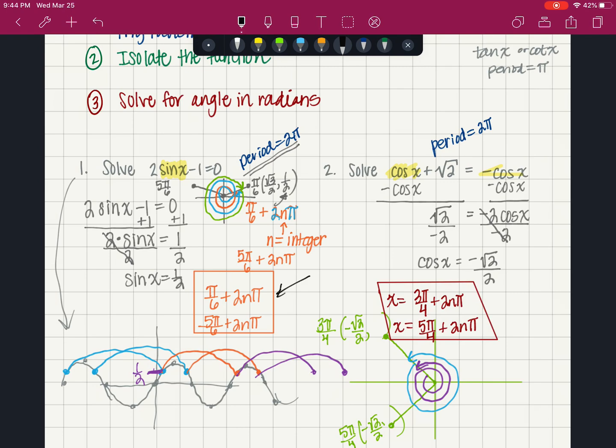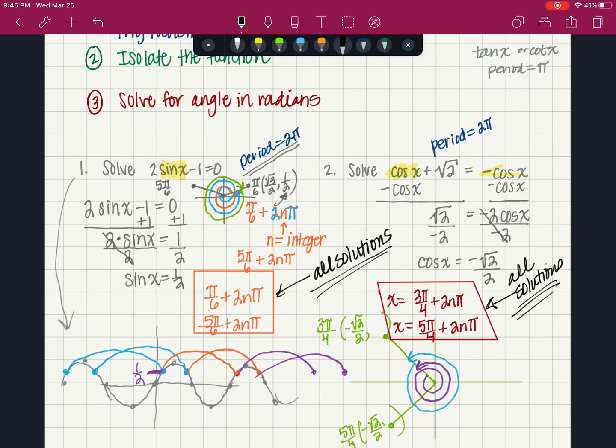So this means all solutions, not in a reduced domain. Here, this is all solutions, which includes an infinite number of solutions. That's why we've got that n in there. And n stands for any integer.